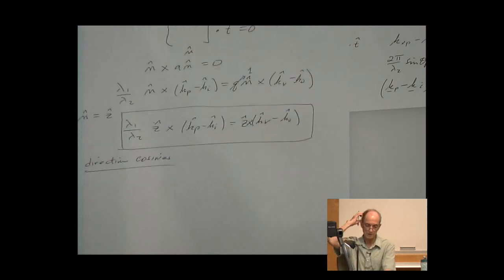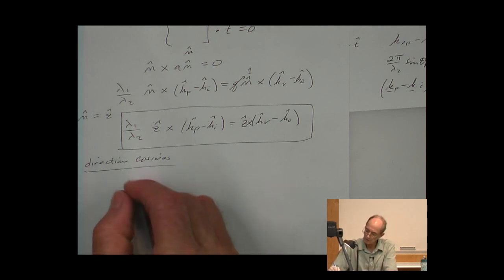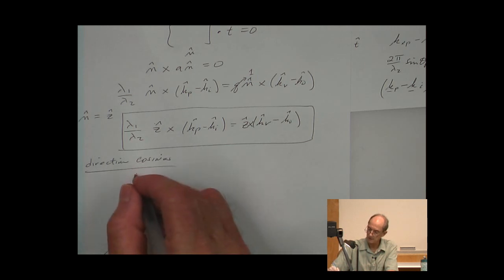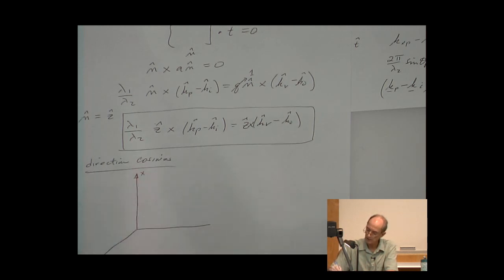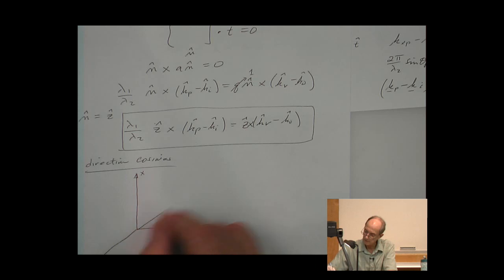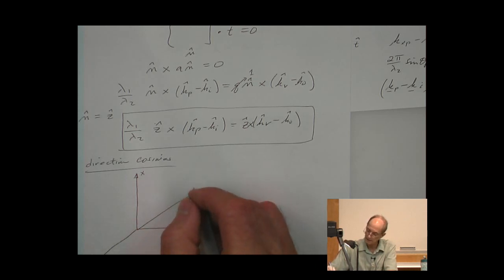Okay, another thing from our mathematical physics class. Direction cosines are nice because they specify directions relative to the different axes that we may have. So if here we have an x, y, and z axis, and let's say we have one of these unit vectors, we'll just call it k.